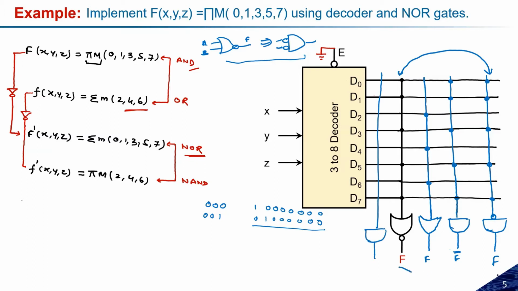See, this one and the last one are same. And if I want to remove this inverter, which is the bubble over here, I need to change the functions. So this will be one, this will be one, this will be one. So this is the same as this one, and this is the function you will get. And this is the same with this one.